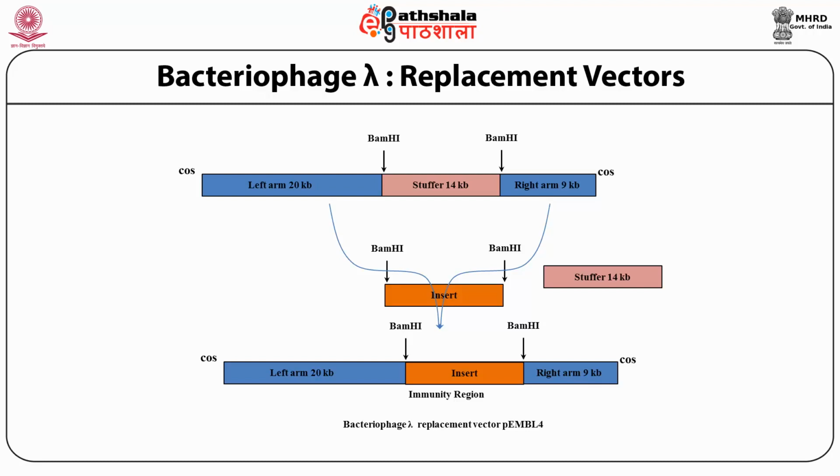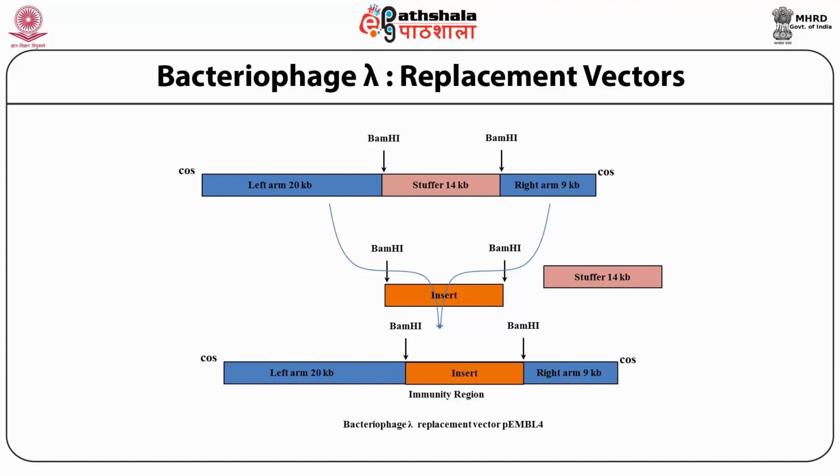Here in the figure, you can see the stuffer segment of 14 kb that can be replaced by a foreign DNA of almost the same size. The EMBL4 replacement vector has the capability to carry an insert size of up to 8 to 24 kb.